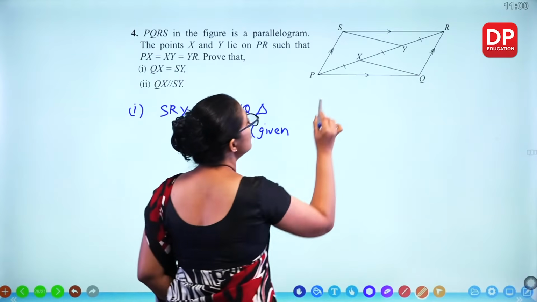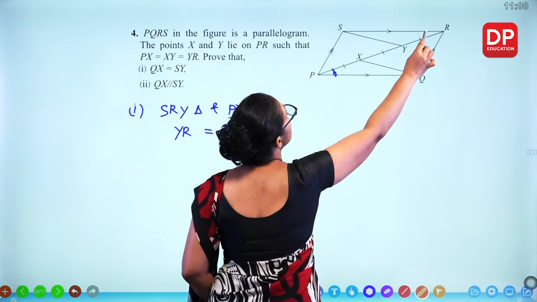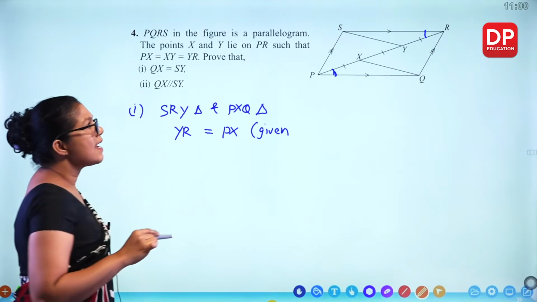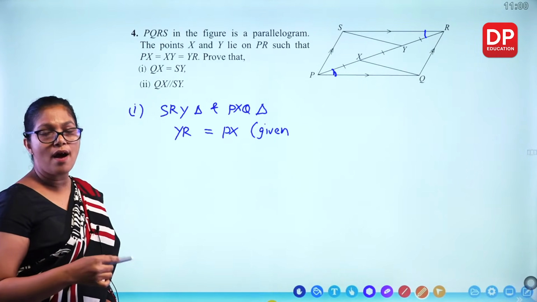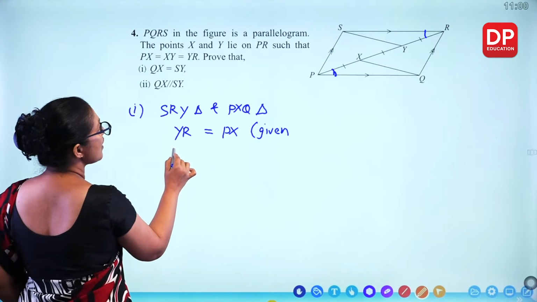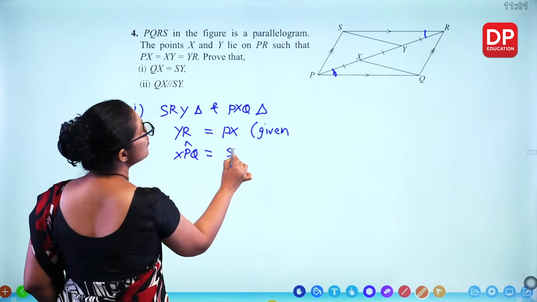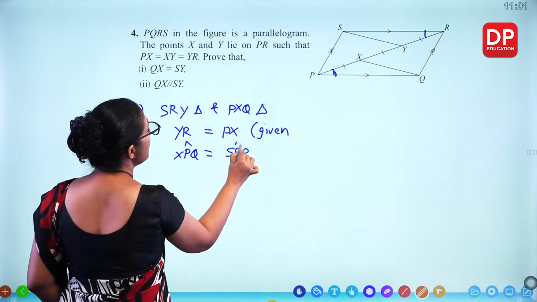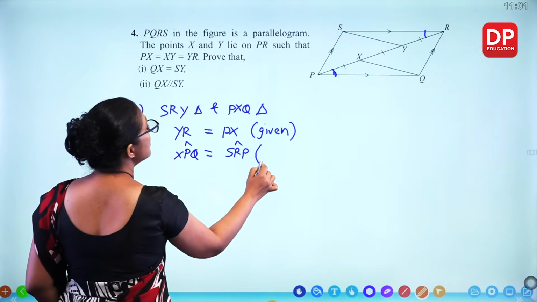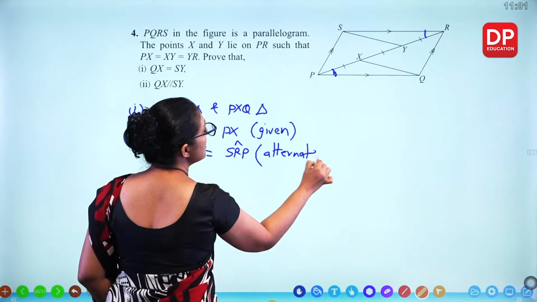And also, this angle is equal to this angle. Alternate angles are equal because PQRS is a parallelogram. XPQ angle is equal to SRP angle because it's alternate angles.